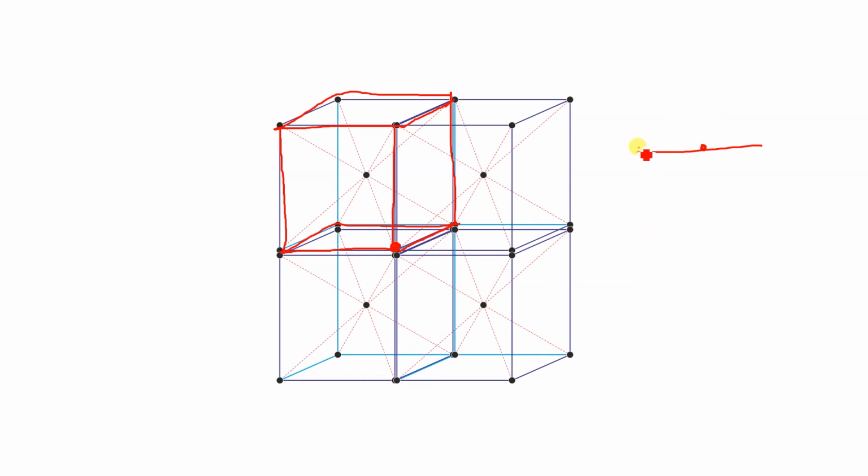So if I'm keeping another layer over here, this is going to be common in these 4 also. 1, 2, 3, 4. Here also 4. That means one corner is common between 8 unit cells, 8 cubes. Did you get what I'm saying? That means you have to assume that each corner is common in 8 unit cells. So if I'm talking about one unit cell, what will be the portion of that atom in one unit cell?